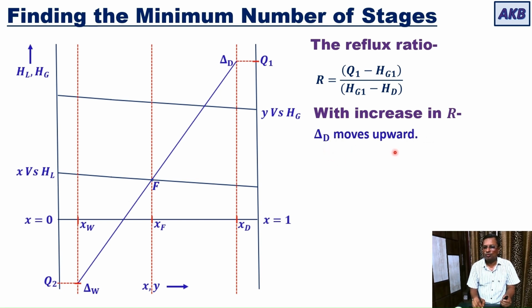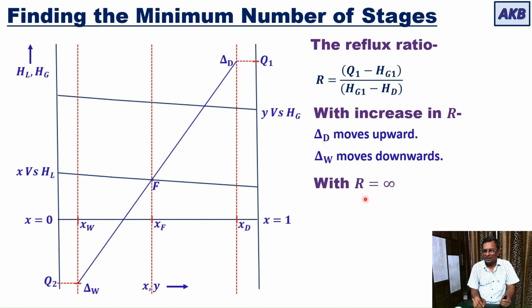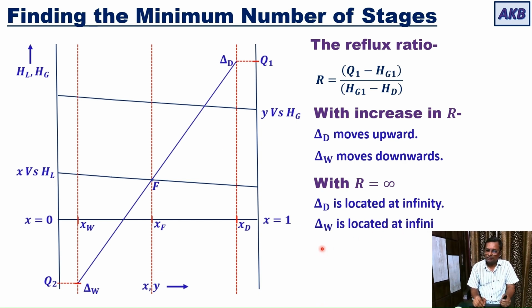Delta D moves upwards because Q1 is going to increase, and at the same time delta W is going to move downwards. And if you make the reflux ratio infinite, which is possible when the column is operating under total reflux, then delta D will be located at infinity and delta W is also located at infinity.